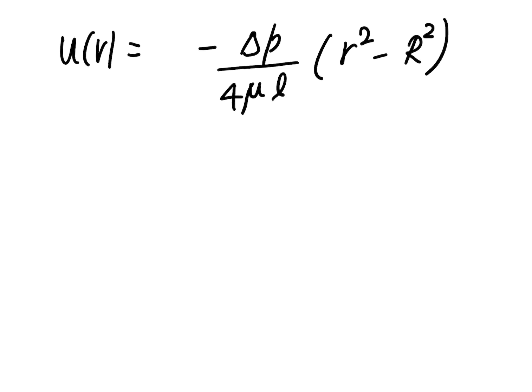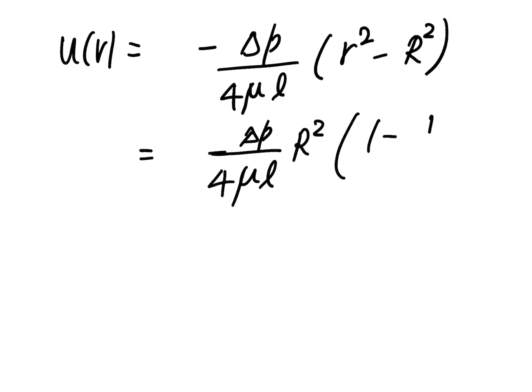So u of r equals minus delta p by 4 mu L times r squared minus R squared. I'm going to write this slightly differently: delta p over 4 mu L times R squared times 1 minus r squared over R squared. That is u of r.